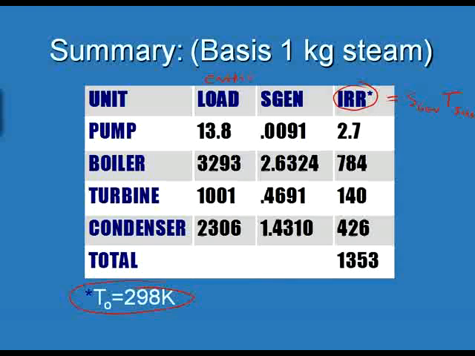We took T of the surroundings to be 298 K. So I've calculated these numbers, and we've got all these irreversibilities. If you recall, that's the lost potential to produce power. And you see it's fairly high in the boiler and high in the condenser. When we add up all the units, we have 1,353 kilojoules per kilogram of steam of irreversibilities, or dissipation, or lost potential to produce work.